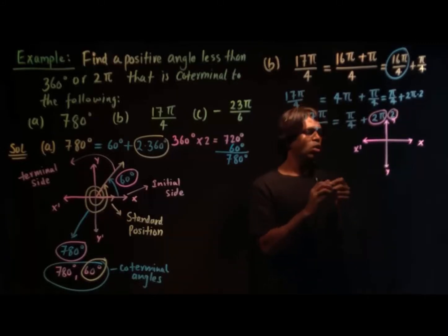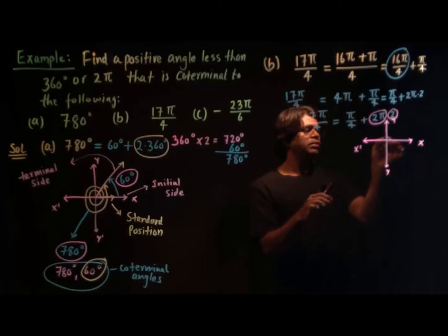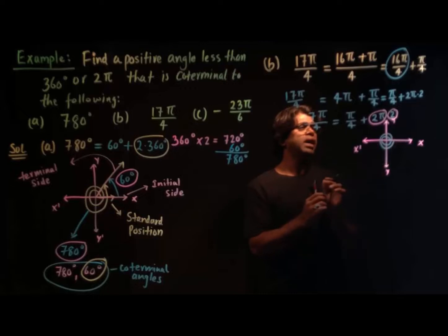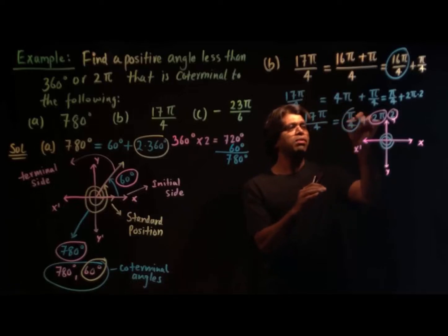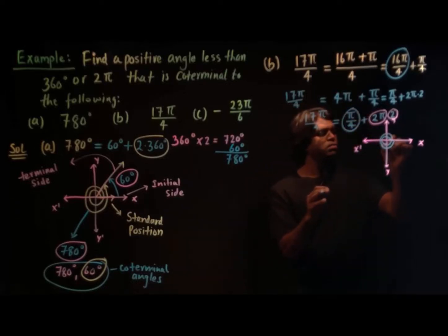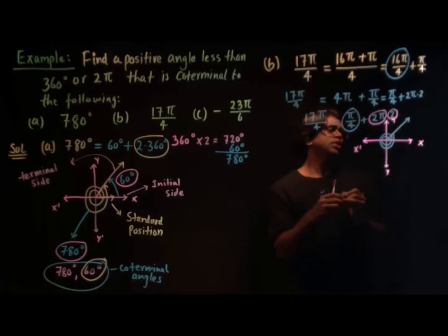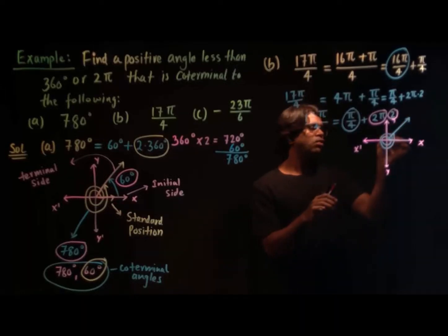So let's go around the circle 2 times. 1, 2. This is my 4 pi because 2 times 2 is 4. But I need to go pi over 4 more. So pi over 4 is this angle. This is again pi over 4.